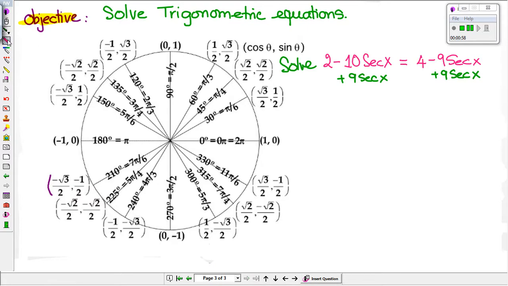So now we are left with 2 minus 1 secant of x, because negative 10 plus 9 equals negative 1.